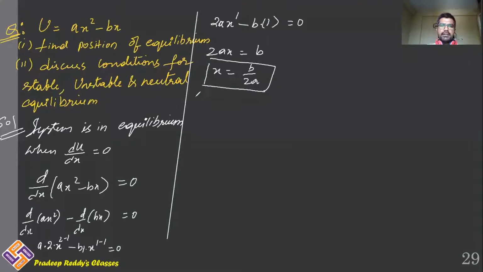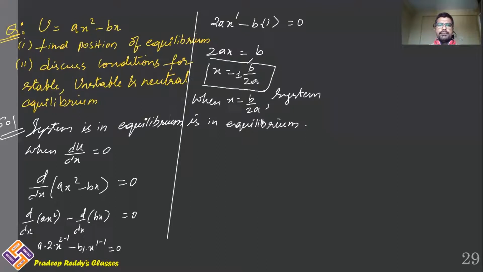So when x is equal to b by 2a, system is in equilibrium. Right? So when the position is x is equal to b by 2a, at that position, you can just take it as plus or minus b by 2a also, no problem. At these positions, the system will be in equilibrium.